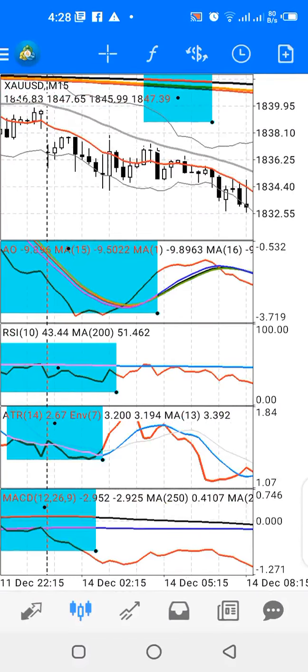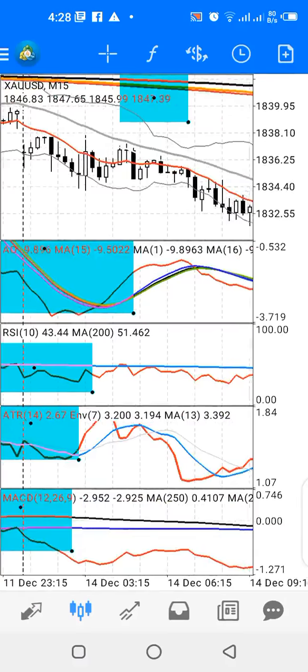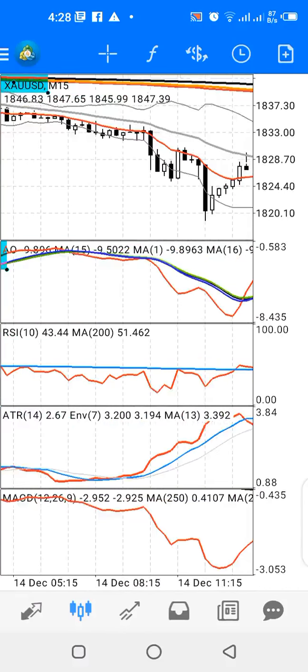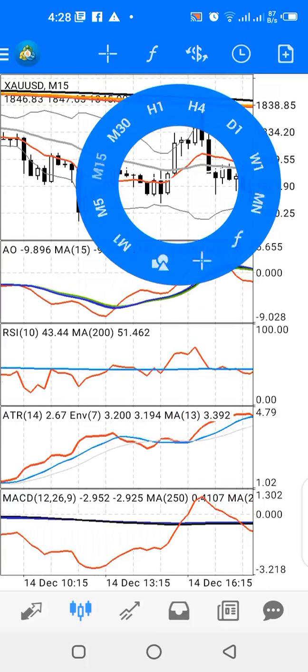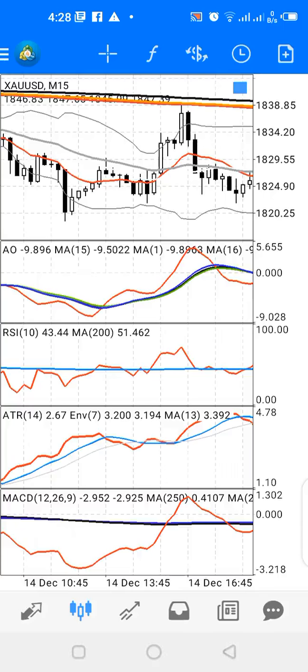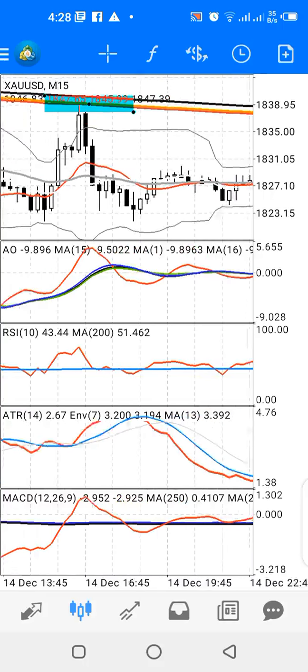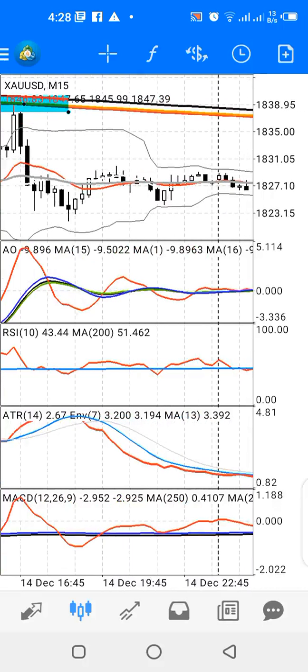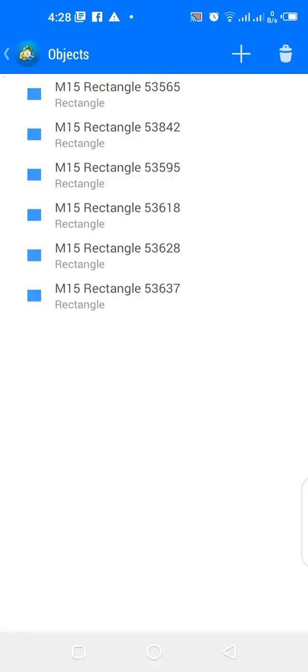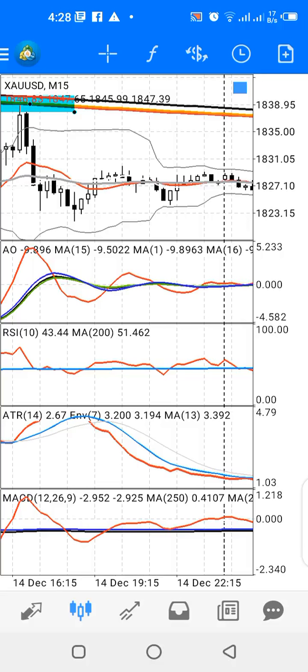Now we are looking at this line on the main chart. This is the line of the black, orange, red lines. They are the trend lines to tell you whether you have a bullish or a bearish trend.